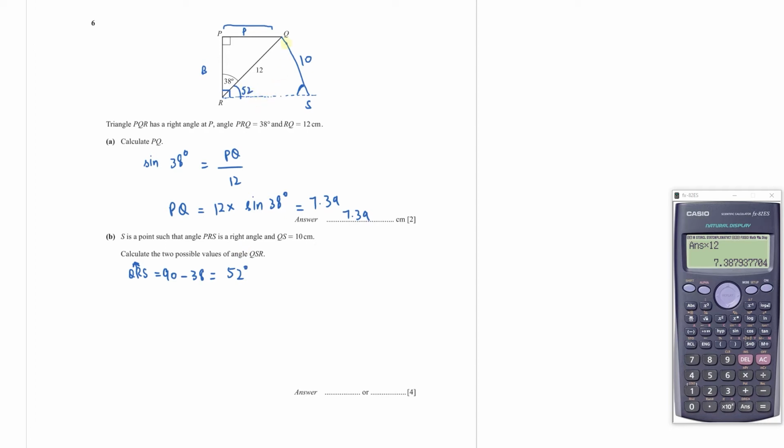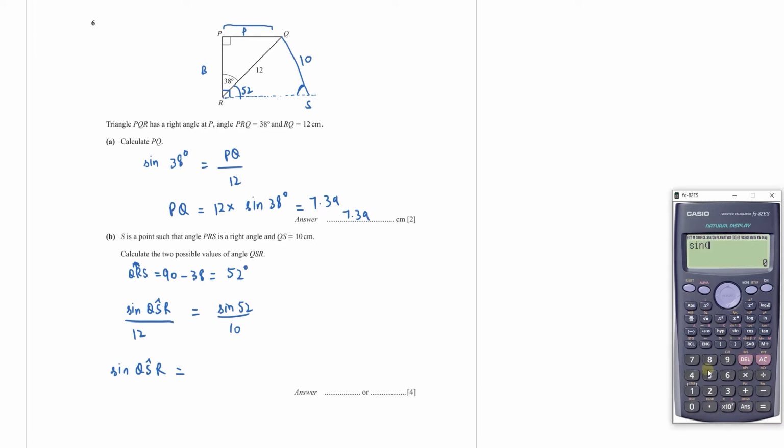Now I can use the sine rule in this triangle RQS to find the angle QSR. So sine of angle QSR over the opposite side, which is 12, equals to sine of this angle, sine of 52, divided by the opposite side, which is 10. So sine of QSR is how much?